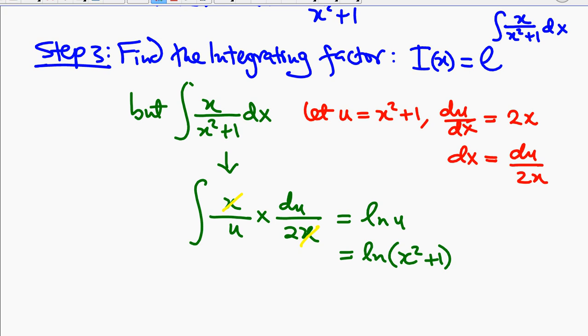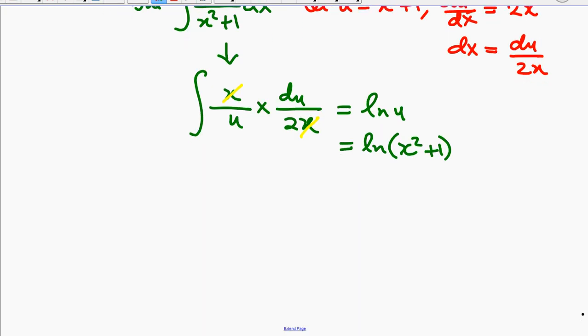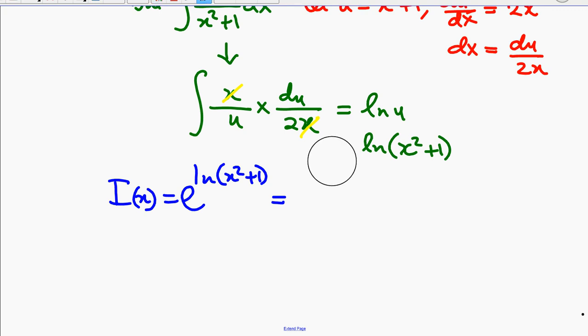So which means the integrating factor will be e to power this bit, ln x squared plus 1. Okay, there's a half here that I forgot. Just gonna go back and plug in a half. So this should be a half here.